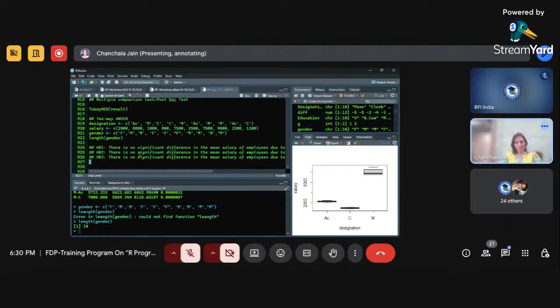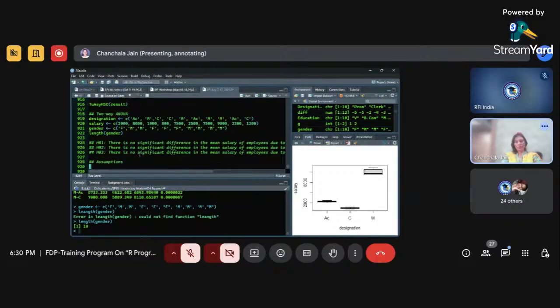Done? I am repeating again. There is no significant difference in mean salary due to designation, due to gender, and due to interaction effect of gender and designation. Means individually gender is not making any difference in the salary.